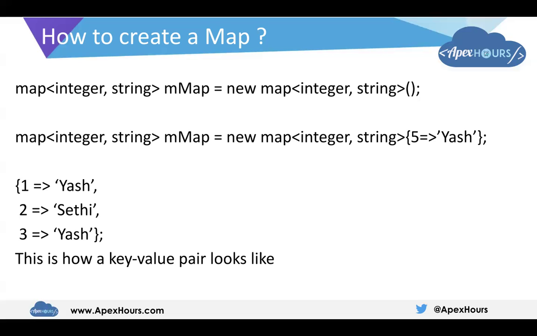We cannot have roll number two two times. Roll number two always comes once. But the names of the students can be duplicated. It is possible to have two Yashes in the same class, but it is not possible to have two same roll numbers in the same class, correct?